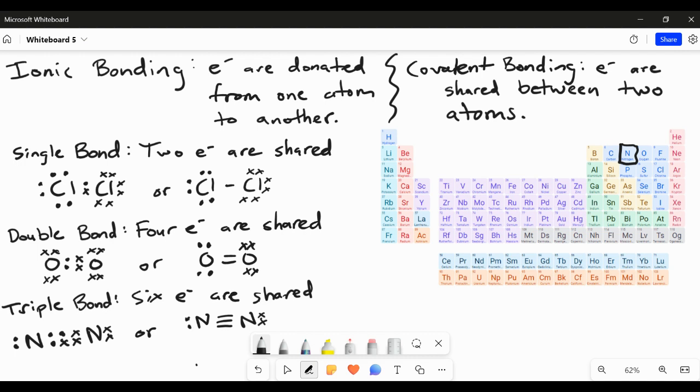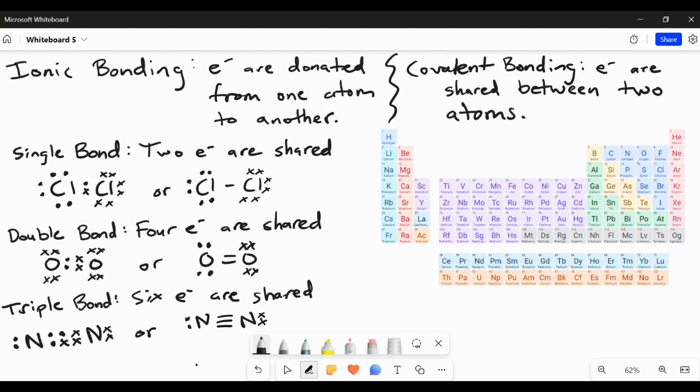So when you are drawing these, you can use either of these methods. Both are considered to be acceptable. It's really up to you. The important thing is keeping track of the number of electrons you've got and making sure they're in the right spots. But that is for another video.